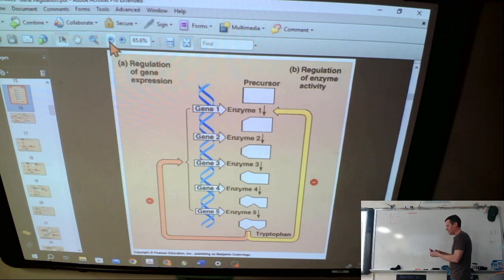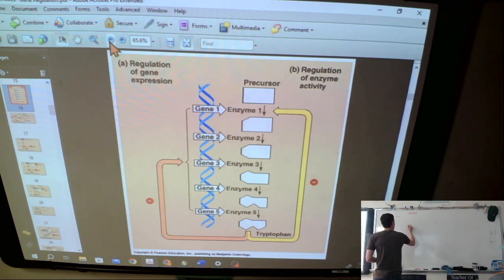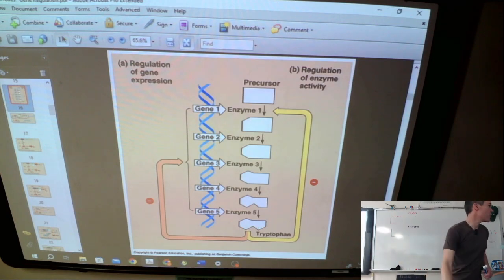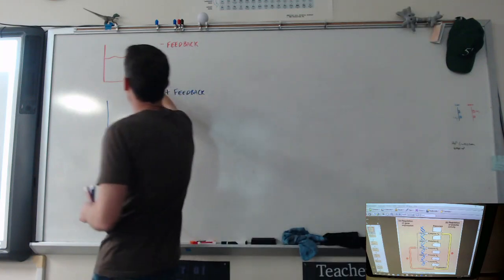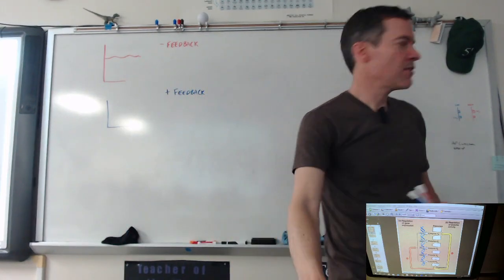So negative feedback, I'll do that one in red. Positive feedback, I'll do the graph for it in a second. I'm going to see if you guys can figure it out. Positive feedback, I'll do in blue. All right, so I've got positive feedback and negative feedback. If I want to keep something steady, I probably control that through negative feedback.